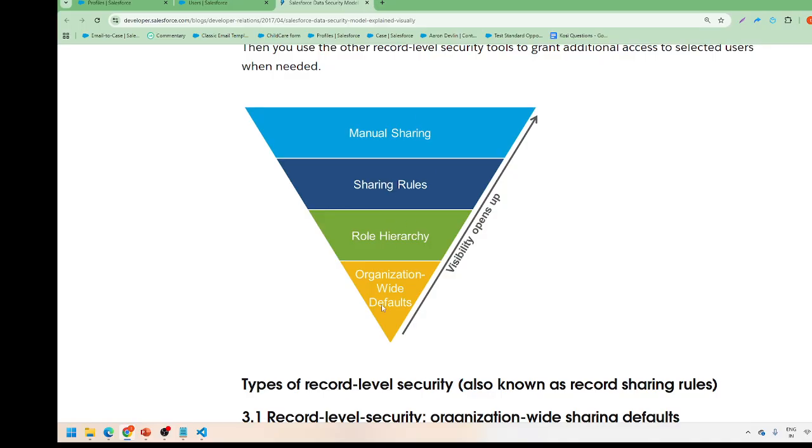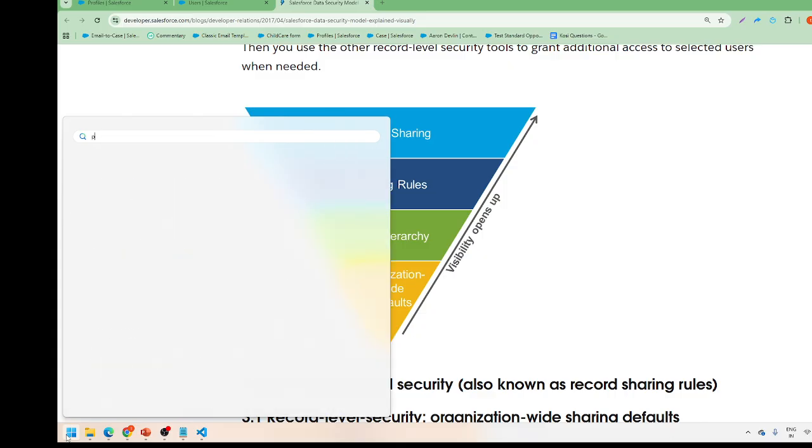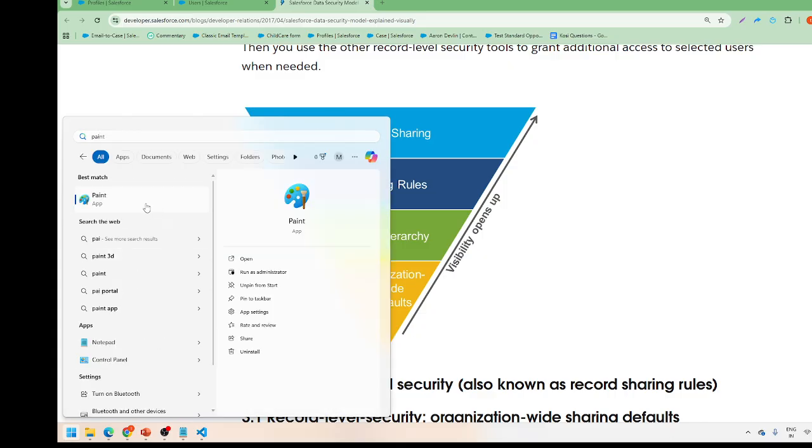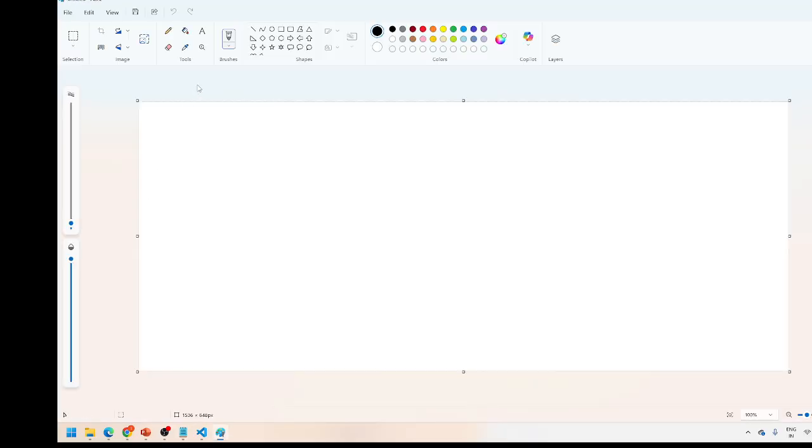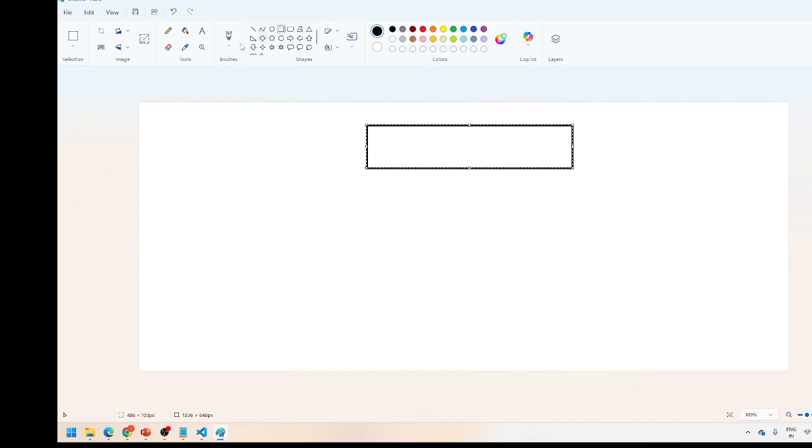All these things play an important role in record level security. So in Salesforce, there are two types of security. The first one is object level security, and the second one is record level security.